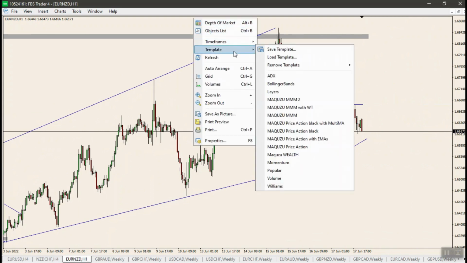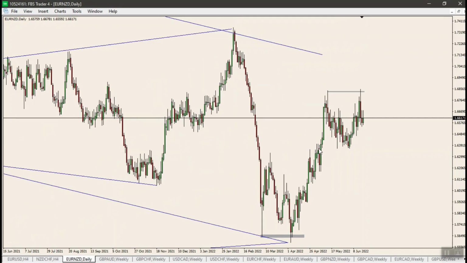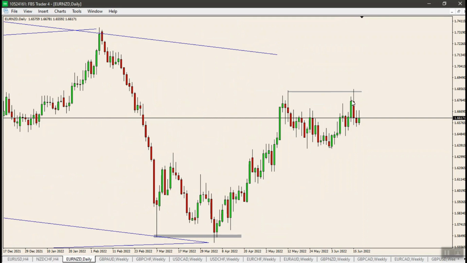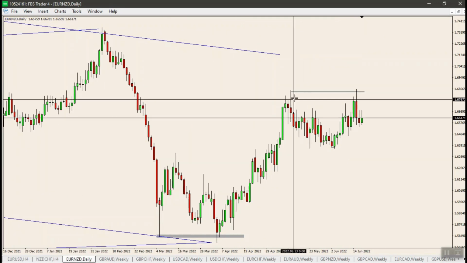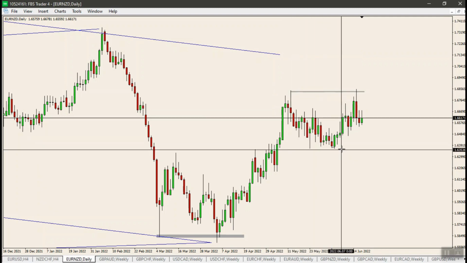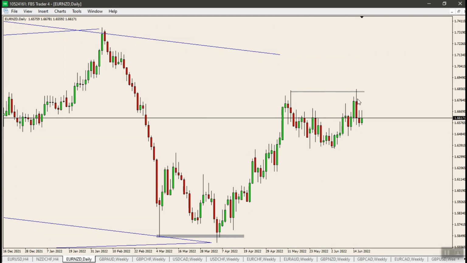And if we go on the daily, we see the double top very clearly, and here's the first touch of the double top, and on the second touch, we now see a bearish engulfing pattern, right? It engulfs the previous 3, 4, maybe 5 patterns, right? So this is a great setup, and for EURNZD, we are expecting some drops.